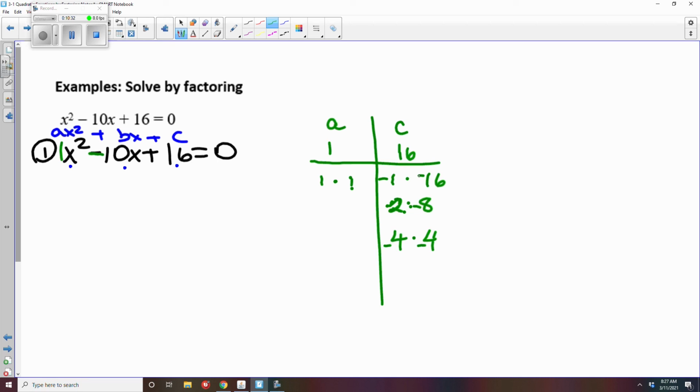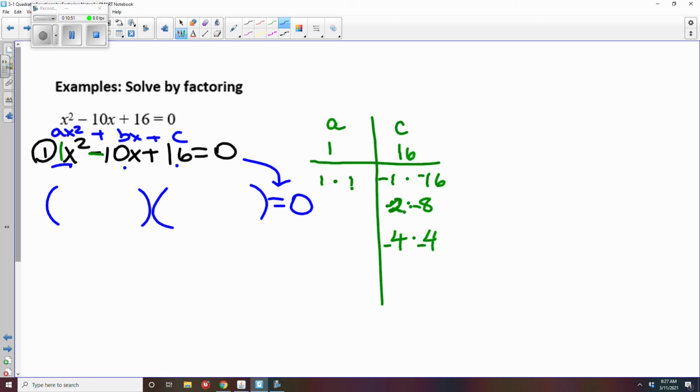And how many parentheses do we get for a trinomial? 2. So, and it's still equal to 0, so never forget to put that equal 0. Drop it down. It always kind of hurts my heart a little bit when we lose it, because this is officially a quadratic equation, and equations must have those equal signs.